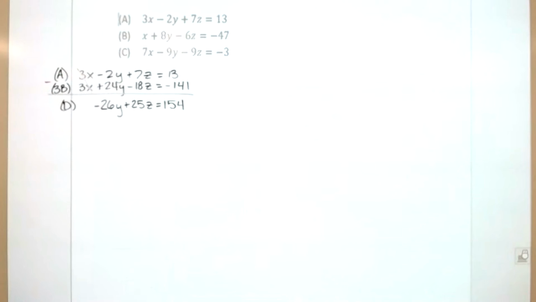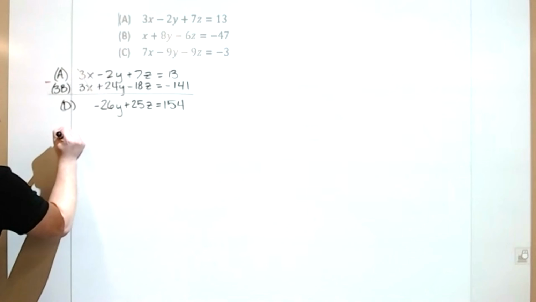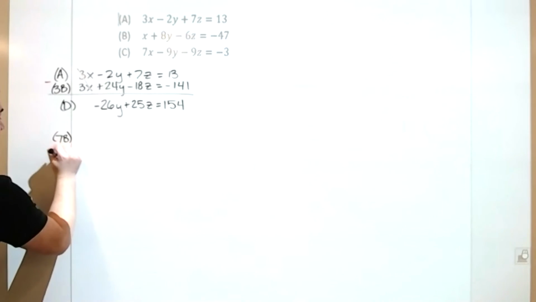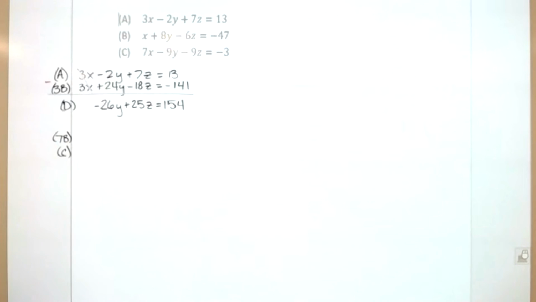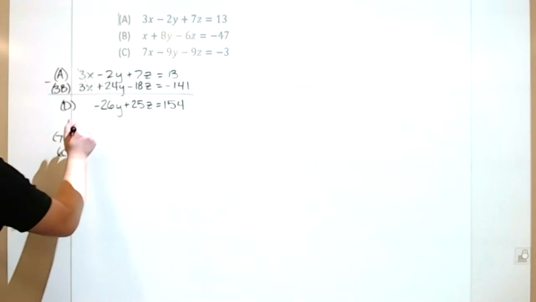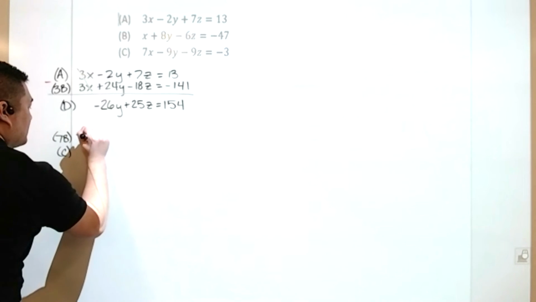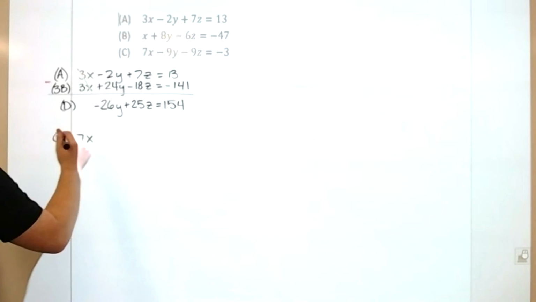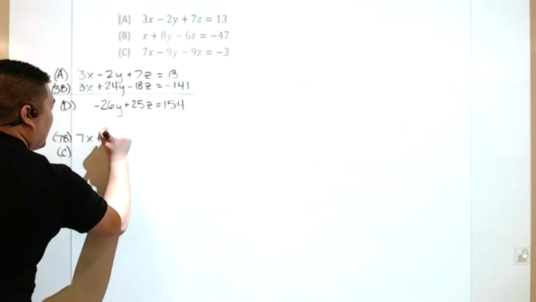So this is going to be a combination of 7B, and then C is as it is. All right, so 7 times everything in equation B. That's going to be 7x plus 56y.